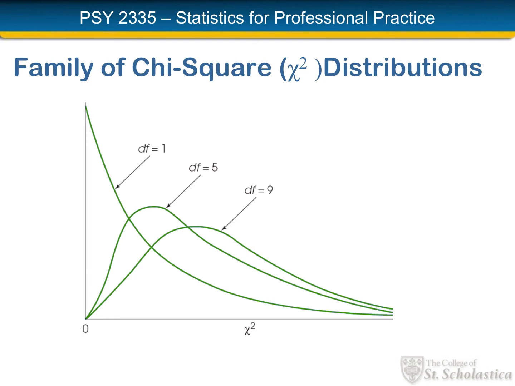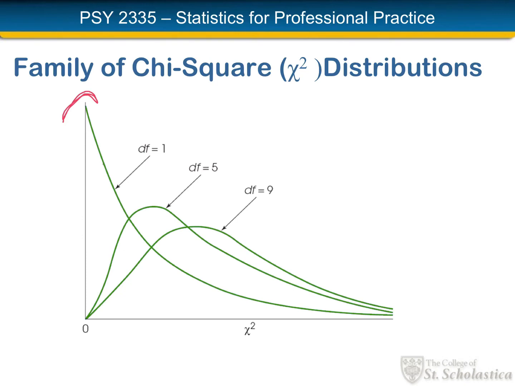When degrees of freedom are 1, which would mean we had exactly 2 categories in this goodness of fit situation, there's actually no upper humpy part of the curve at all. It just starts at a peak and comes down.